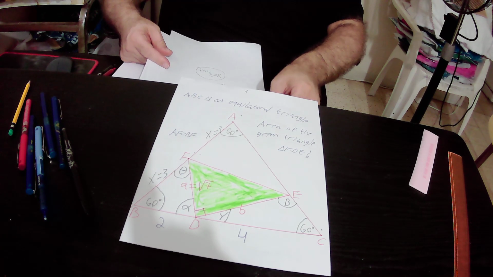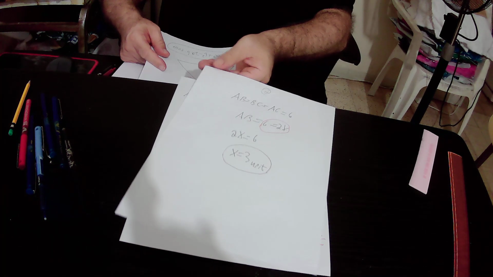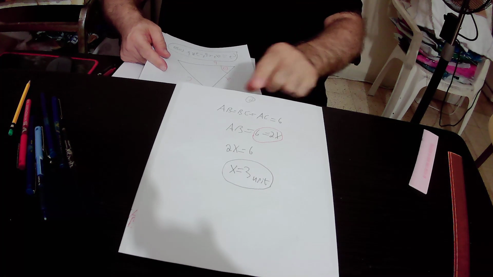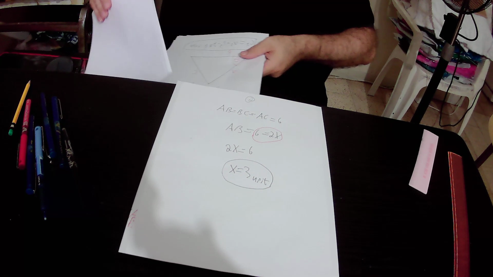So we can write down that AB equals BC equals AC equals 6 units.